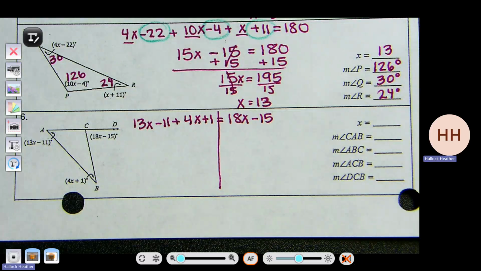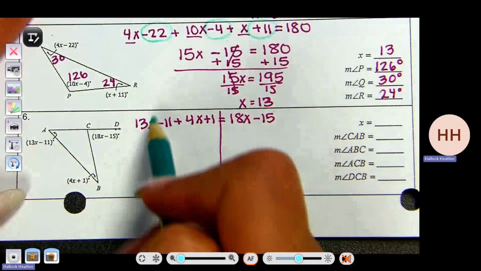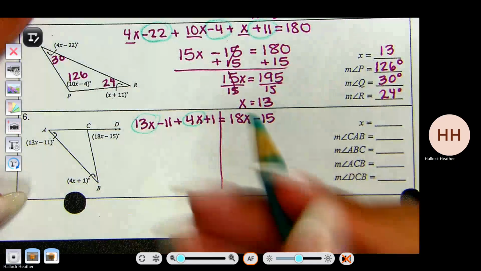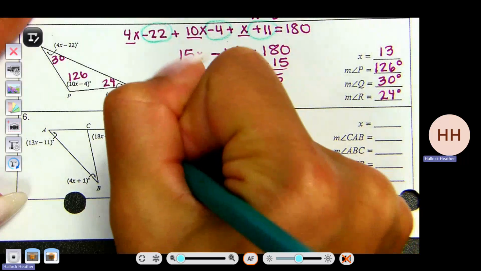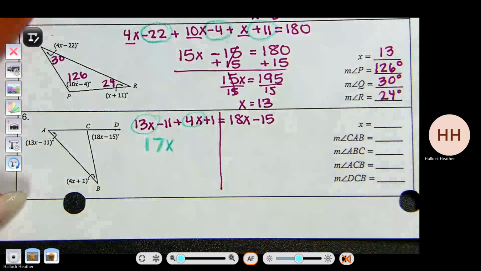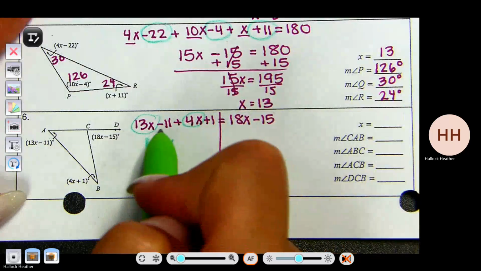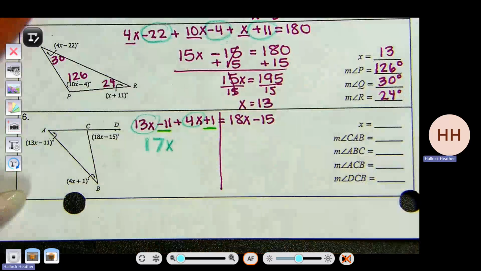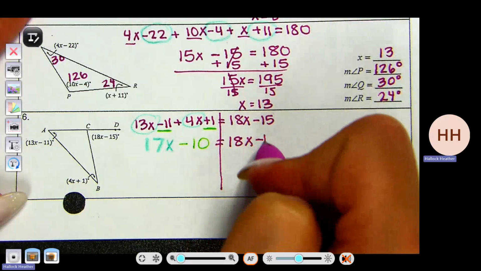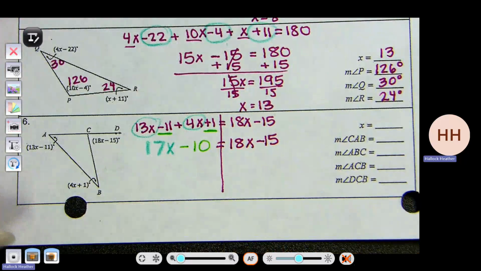So if I combine my x's on the left, how many x's would I have? 17. And then -11 and 1 make what? -10. So this is why it's a multi-step equation. It's not a 2-step equation, but still, this is the kind of equation that you have 4 ways to solve. Whichever way you choose will get you to the right answer.